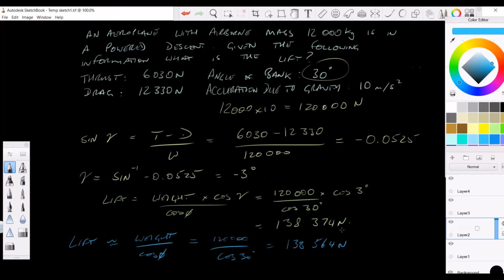Okay, so the only time that the lift is significantly less than the weight, like more than around 1.5%, is likely to be in the stall. And that's why in the stall you would have to make a very steep descent in order that cos gamma is small enough to allow for the reduced lift.